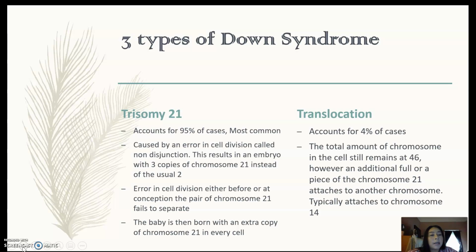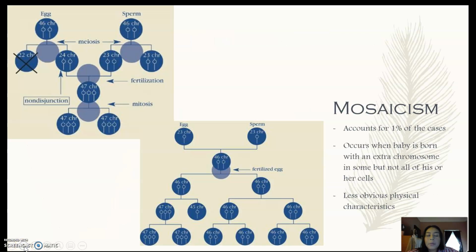Translocation is the second variation of Down syndrome, and this one accounts for 4% of the cases. The total number of chromosomes in the cell will still remain 46. However, an additional part or a piece of chromosome 21 that has broken off will attach to another chromosome. Typically, that other chromosome is chromosome 14.